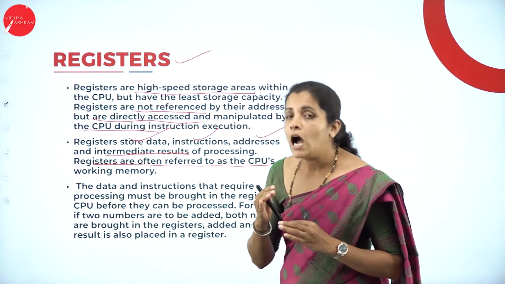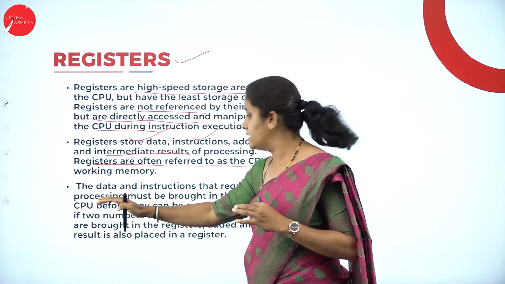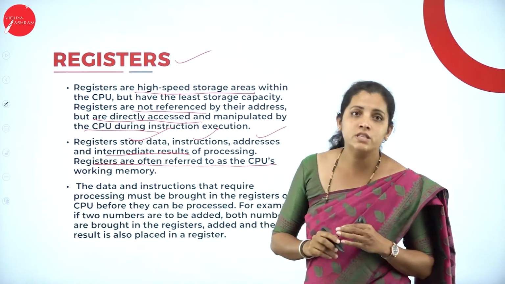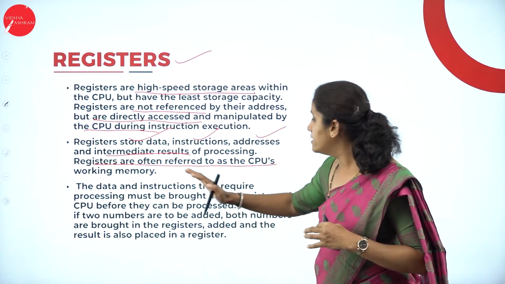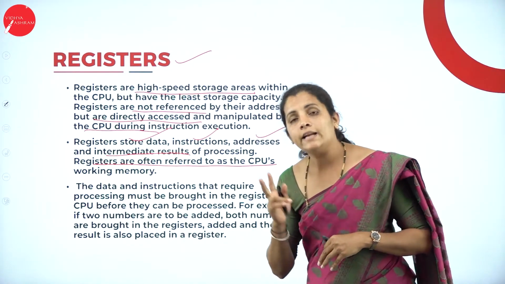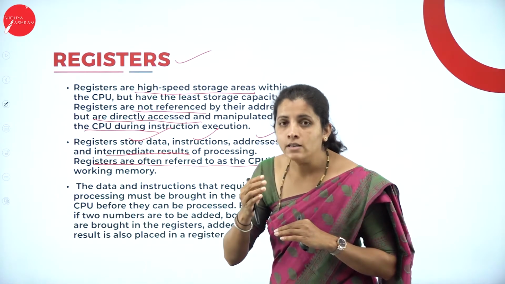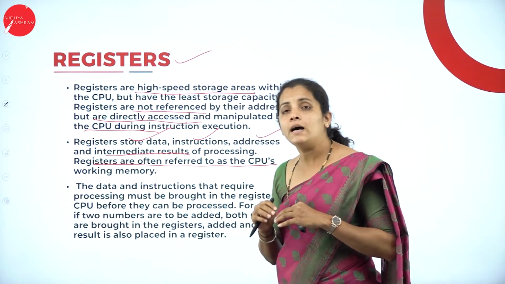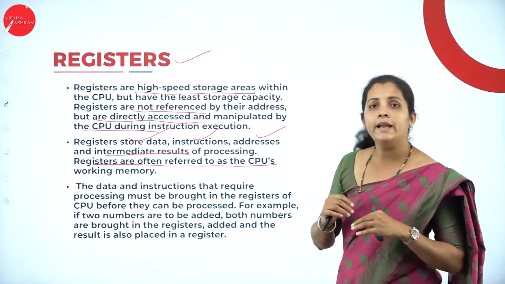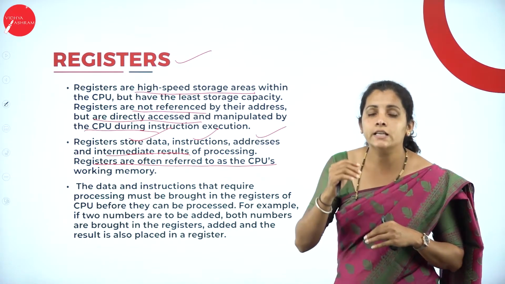So, the data or instruction that requires processing must be brought into the register of the CPU before it can be processed. Consider the example: you want to add two numbers. Before adding, the two numbers must be brought into the register. Then perform the addition operation, then store the result in the register.